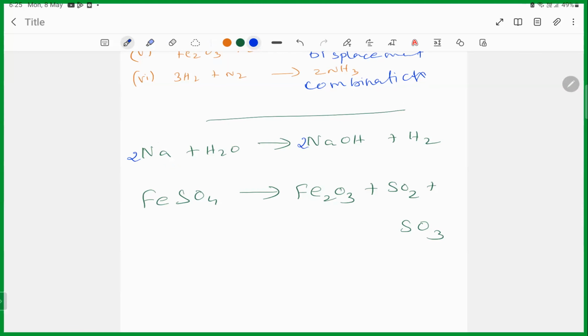Correct? Right? Second one, the 2H2O. Then it balances, no? 2 4s are 8, 3, 5, 3, 8.